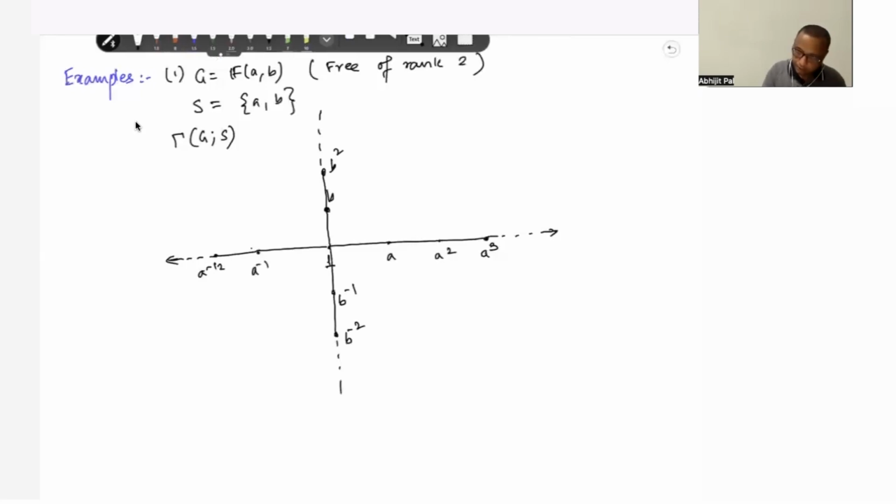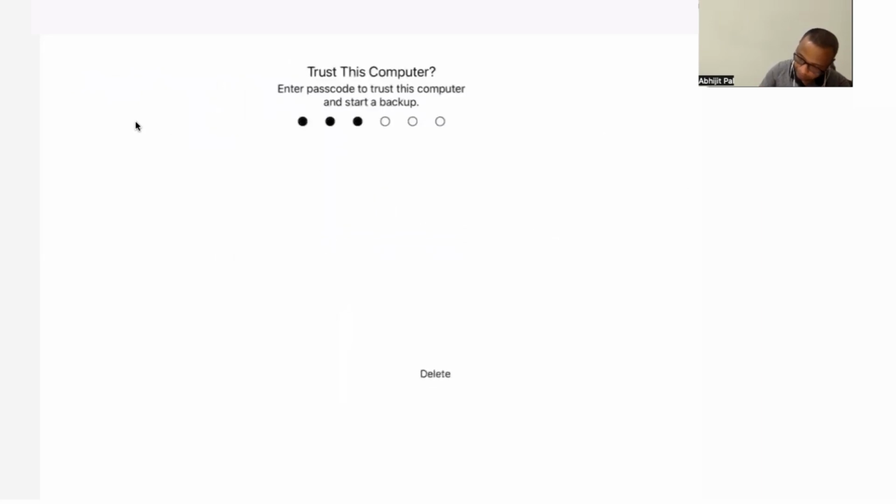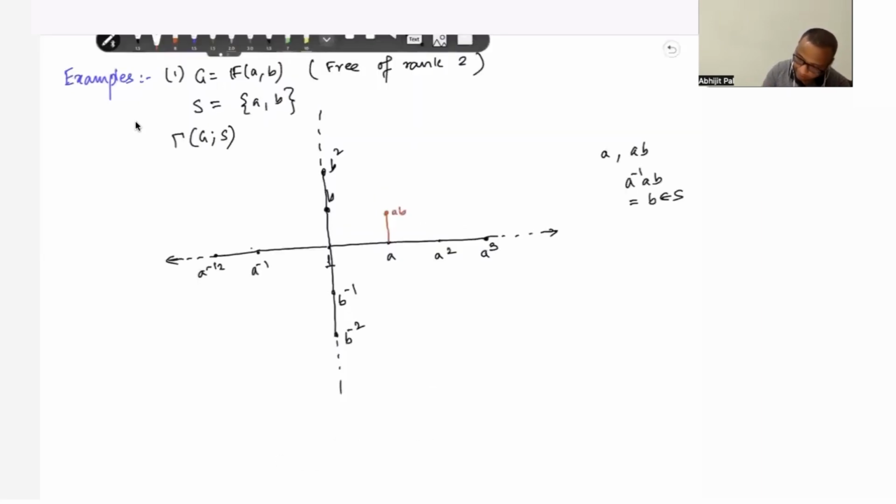Okay. So now let us take the word ab, and let us take the other generator a. So a inverse ab is equal to b. It belongs to S. Therefore, between a and ab, there will be an edge. So let me draw it in this way. Between a and ab, there is an edge. You can label this edge by the letter b.